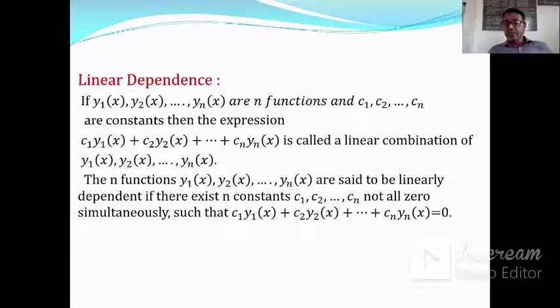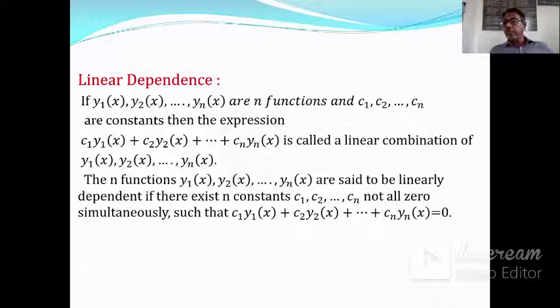If this condition is satisfied, meaning the linear combination of y1, y2, ..., yn is 0, and out of these constants c1, c2, ..., cn at least one constant is non-zero, then we can say that y1, y2, ..., yn are linearly dependent functions.